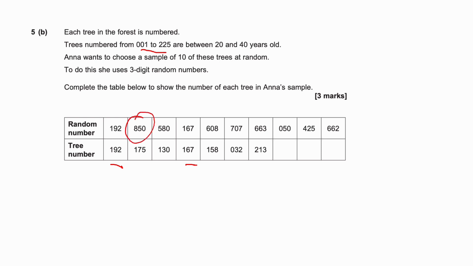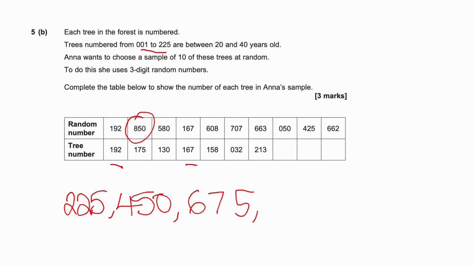So for example, 850. Let's work out what our multiples of 225 are. 2 lots of 225 will be 450. Another lot of 225 will be 675. And then another lot after that would be 900.